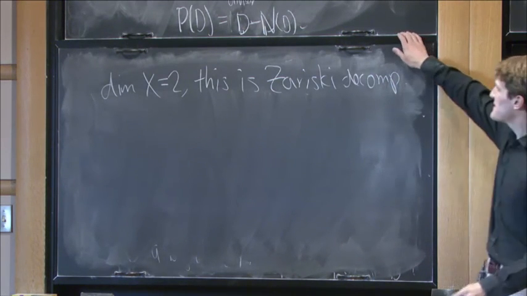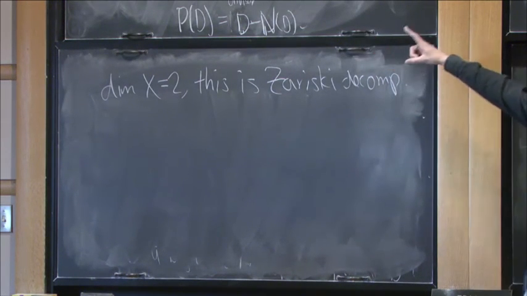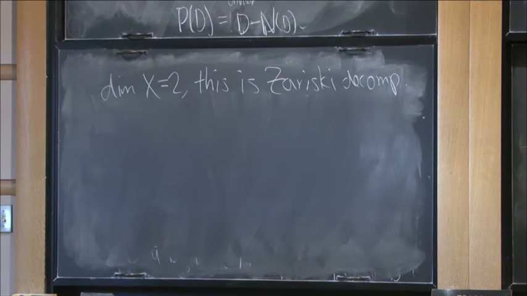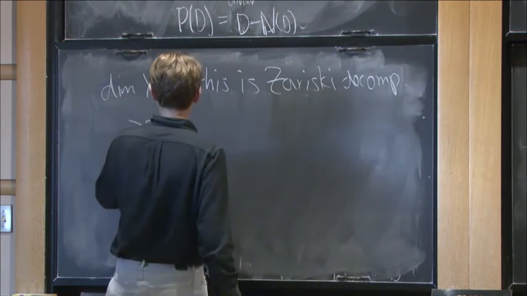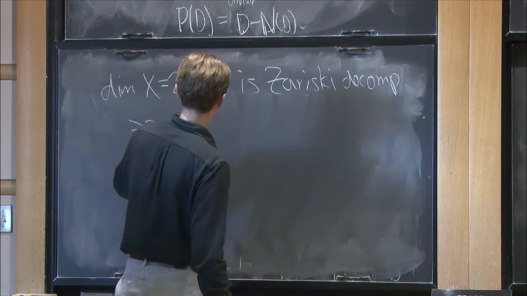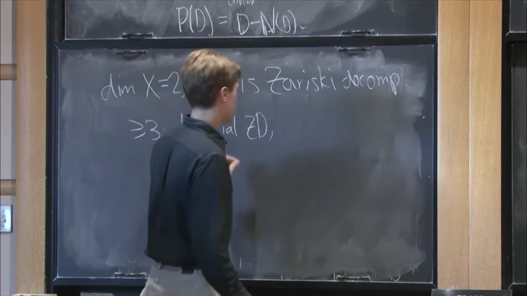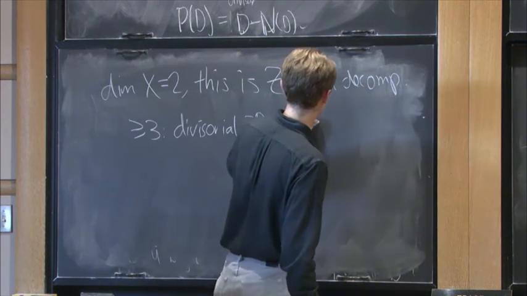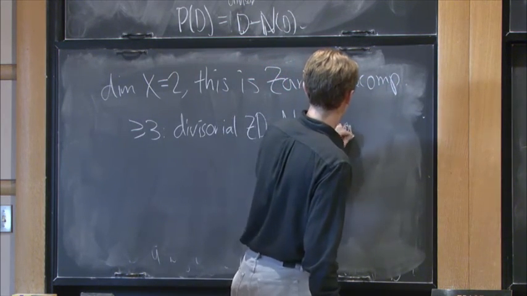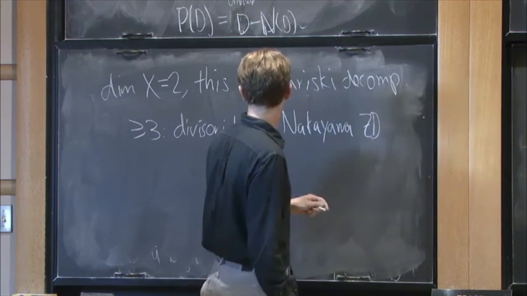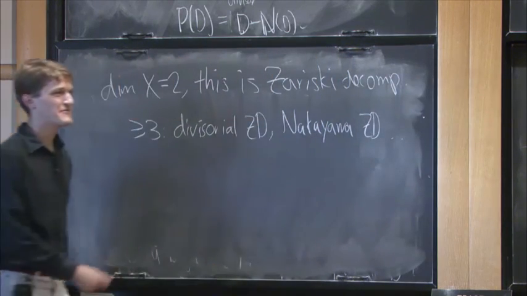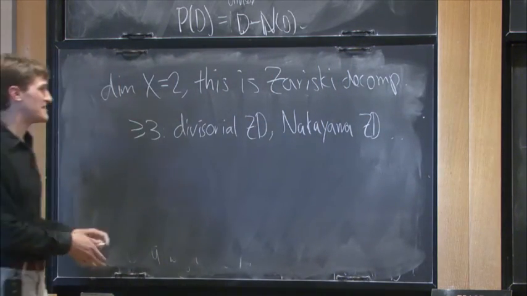Different people call it different things, but this D equals N sigma of D plus P sigma of D is the usual notation. It's called the divisorial Zariski decomposition. I think that's Boucksom's name. Or the Nakayama Zariski decomposition. I mean, it's the same thing, just different words. The sigma decomposition is what Nakayama calls it.